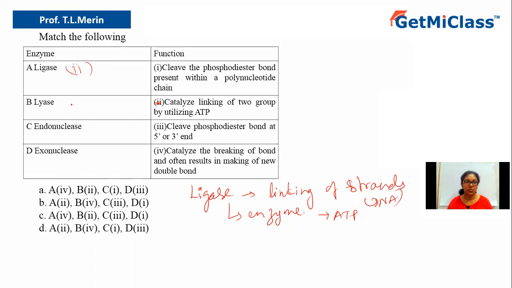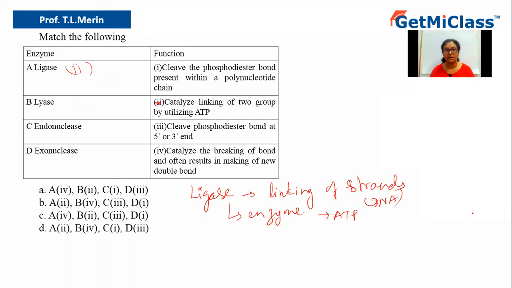Now lyase. What do you understand by lyase? Lyase is a type of enzyme which will be involved in breaking up the bond. Specifically it will break the bond, and it also makes a new double bond.